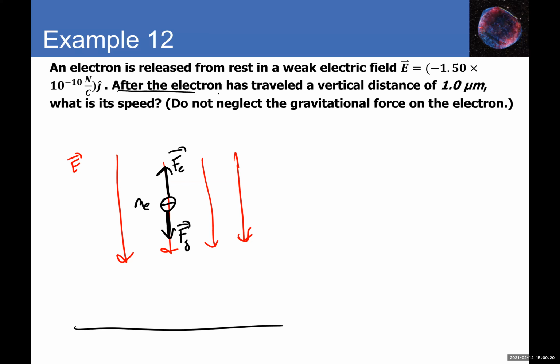Then it says after the electron has traveled a vertical distance of 1 micrometer, that means it goes from this initial position to some final position, what would be its speed? It says, again, do not neglect the gravitational force. That means we put the electron there and release it from rest, right?